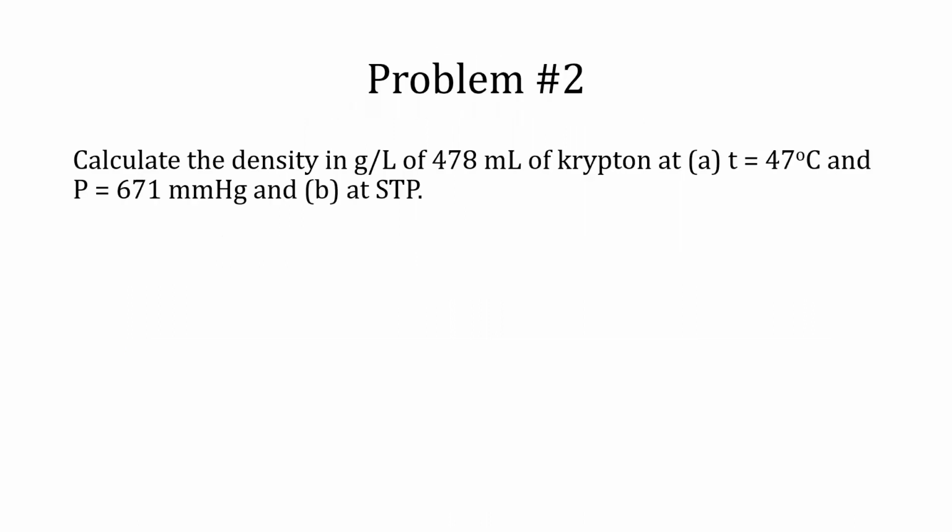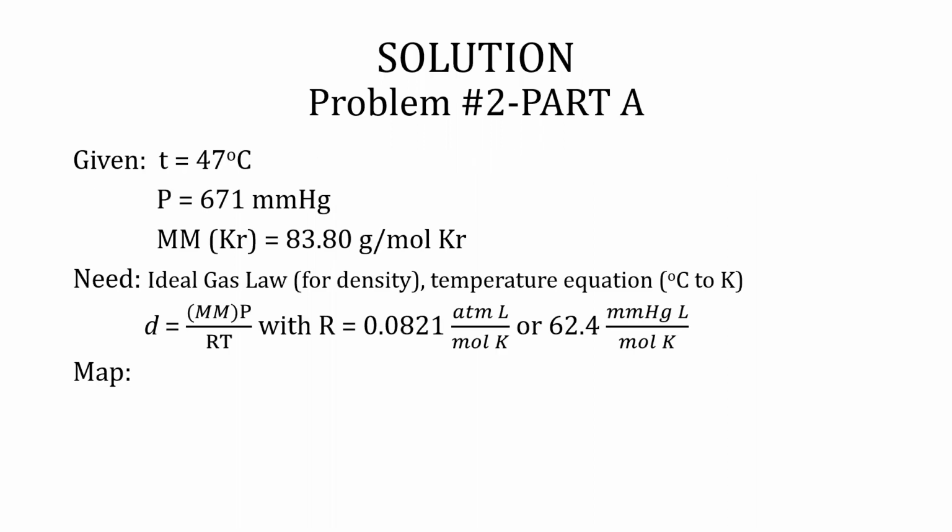Problem 2: Calculate the density in g per L of 478 mL of krypton at T equals 47 C and P equals 671 mmHg, and B, at STP. For part A, it is given that T equals 47 Celsius, P equals 671 mmHg, and MM of Kr equals 82.80 g per mole.